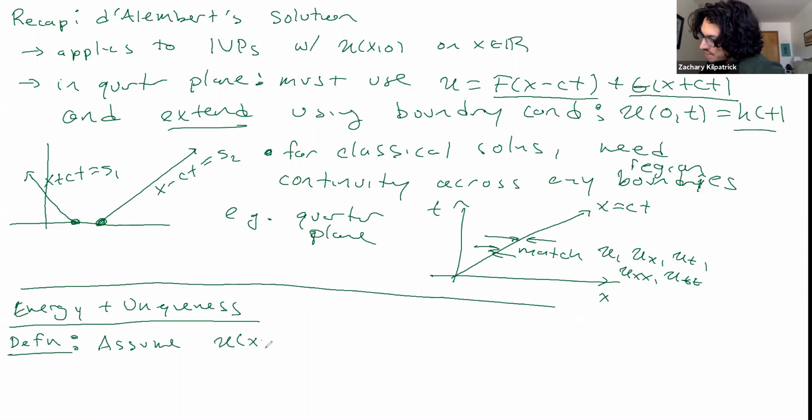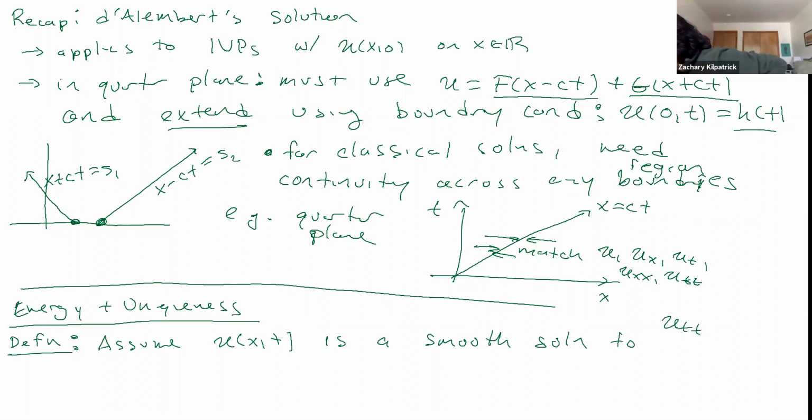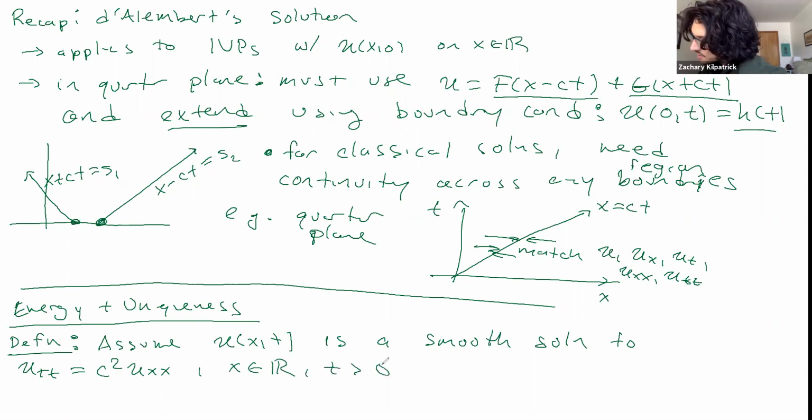Well, if we assume that u of x,t is a smooth solution to this PDE, I'm going to write it down below where I have more room. So we have our standard wave equation, and it's just going to be on the half plane, so x is in R and t is greater than 0.